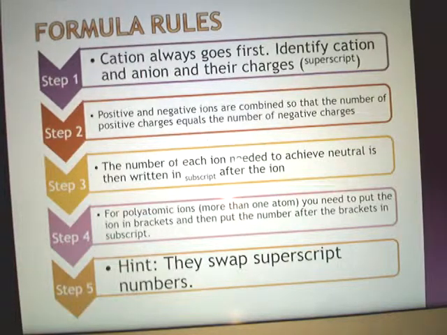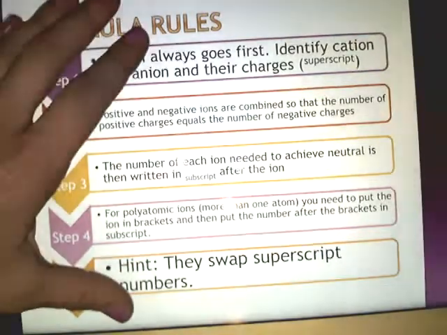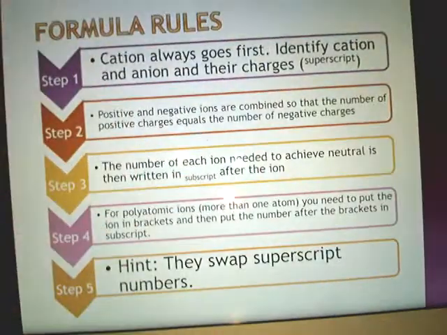Okay, so as we're going through these rules, we're going to answer an example. So I hope you've got your formula rules there with the heading formula rules. And now I want you to put examples. So I want you to find a new page.